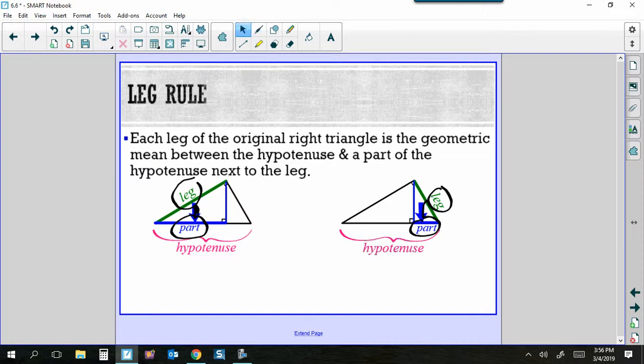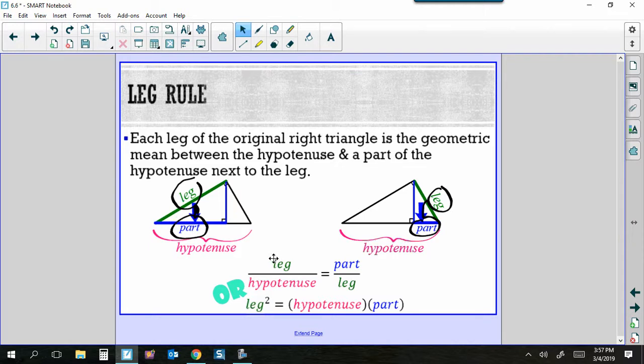So if you remember back to the geometric mean part, the leg is the geometric mean, so it's what's going to appear twice. So you have your leg here and your leg here. You're going to set that equal to the hypotenuse and the part. So leg to hypotenuse is equal to part to leg.